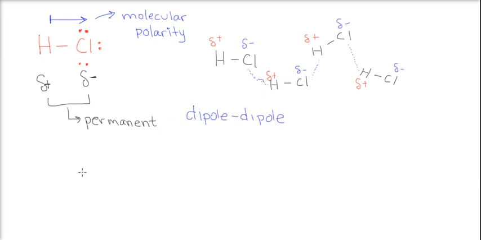Now the same can be done with, let's say, something a bit more complicated. So this is the molecule or the structure for acetone, which is found in most common nail polish removers. So oxygen is more electronegative than carbon, and so we're going to have an arrow that points from carbon to oxygen.